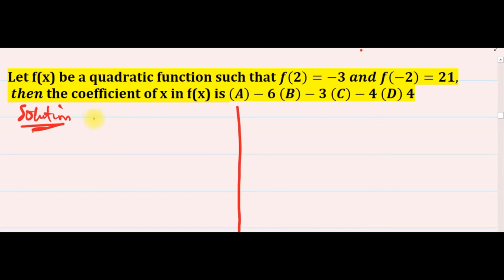quadratic function. So we know that a quadratic function f(x) is always ax squared plus bx plus c. So we are asked to find b, that's the coefficient of x.